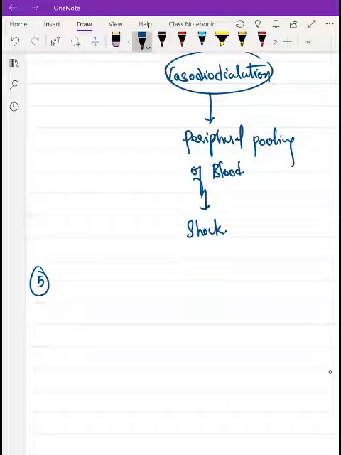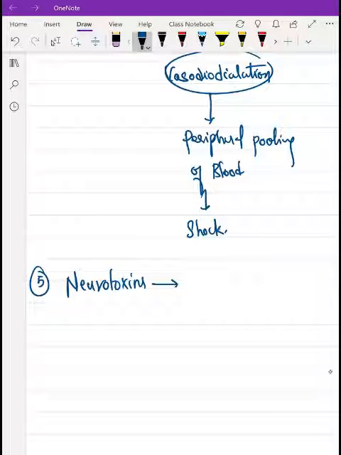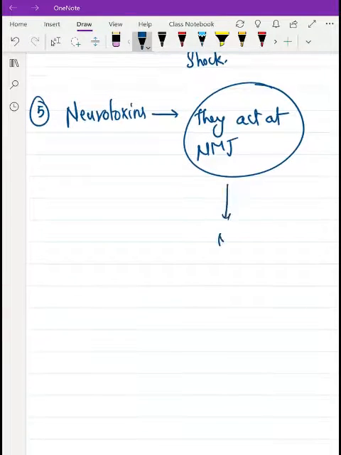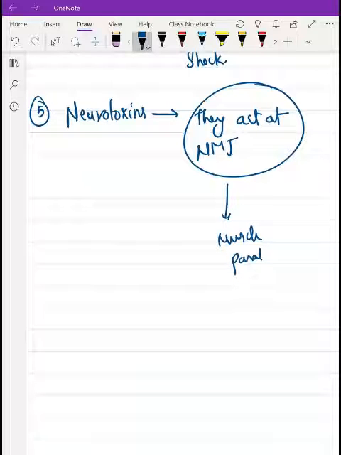The other ones are neurotoxins. They act at the NMJ and cause muscle paralysis.